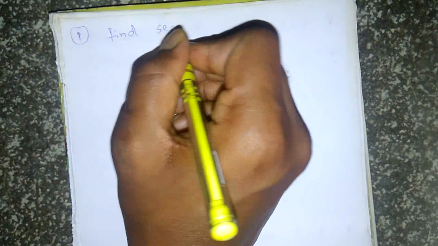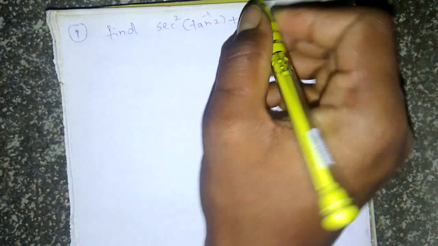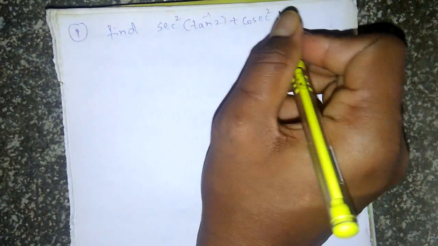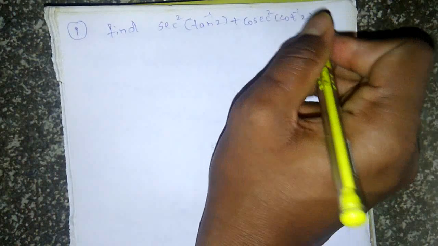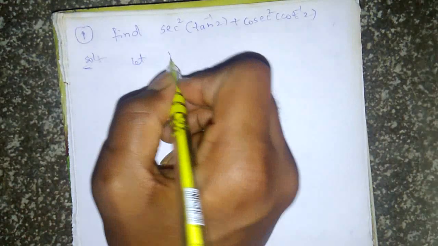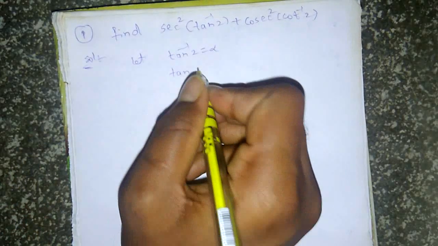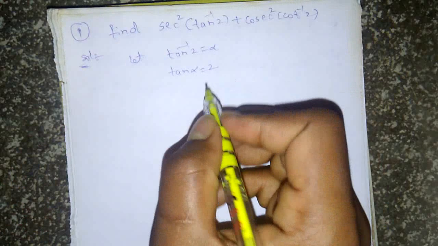Our next problem is find the value of sec square tan inverse 2 plus cosec square cot inverse 2. So here let us take tan inverse 2 is equal to alpha, implies tan alpha is equal to 2.